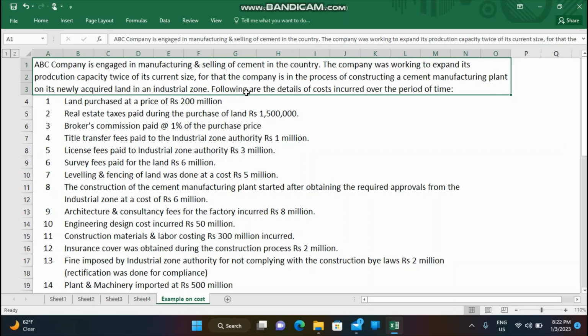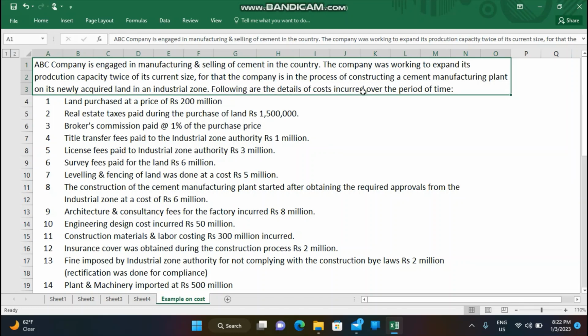So the company is engaged in the manufacturing activity. They are manufacturing cement and selling across the country, and the company is thinking to expand its production capacity by twice its current size. Okay, and they have recently acquired a land.